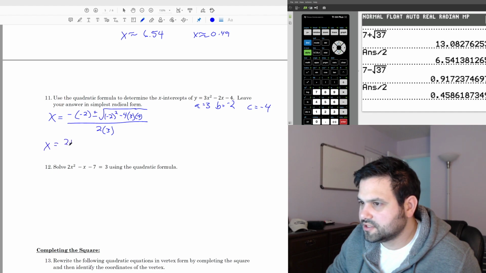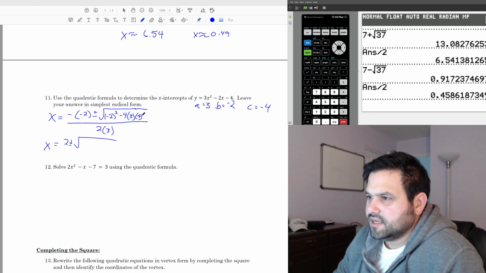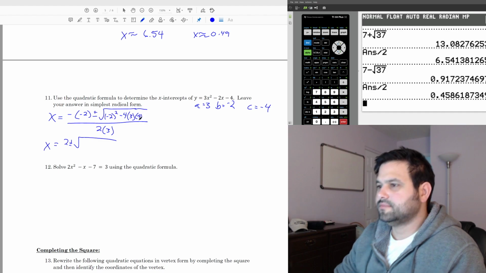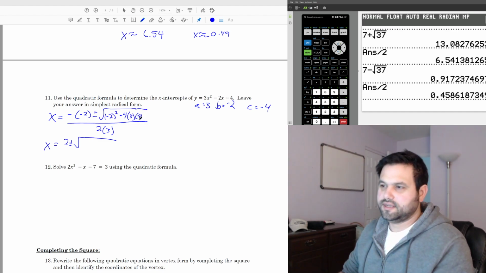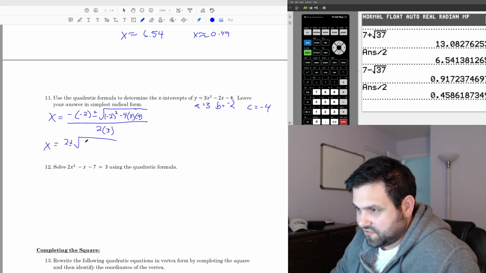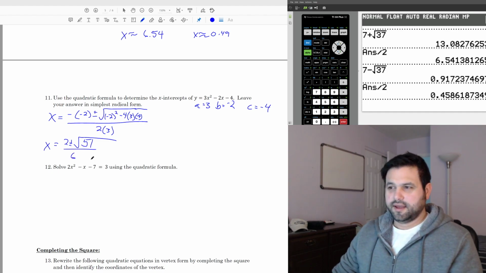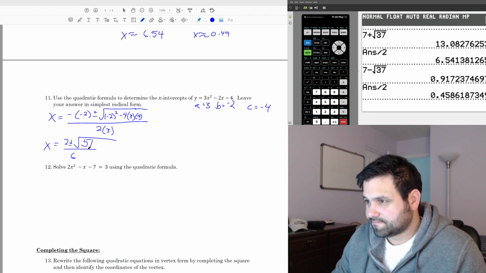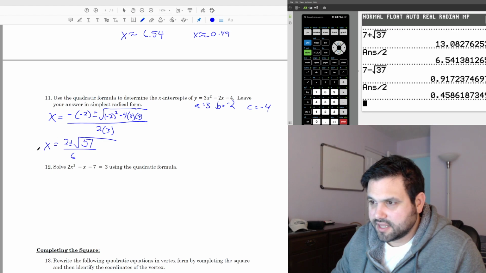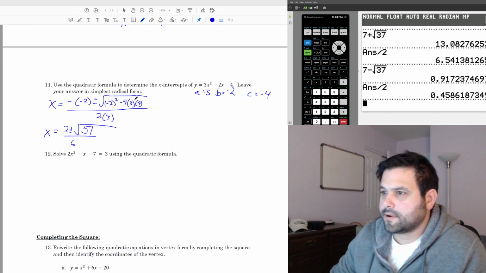It's going to be 2 plus and minus the square root of 4, plus 16 times 3, so 48. So 3 plus 48, 51. It's plus because negative times negative. Over 6. And 51 we can't do anything with, so we're going to leave it like that.